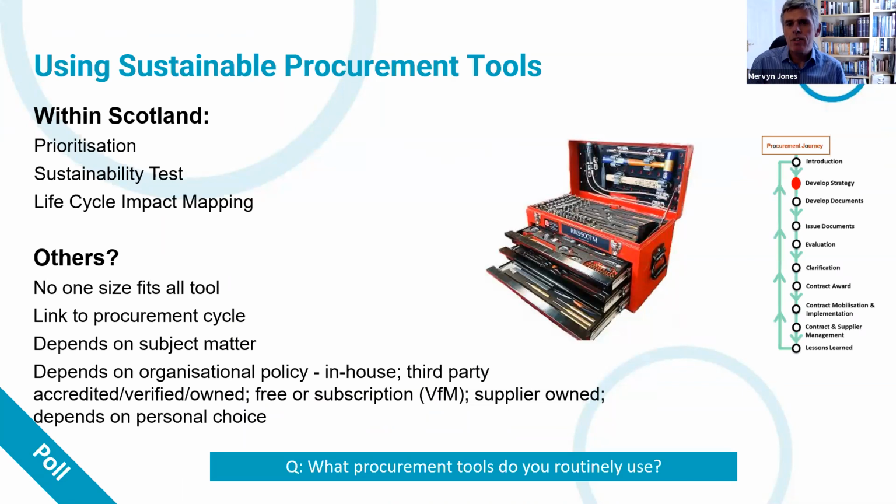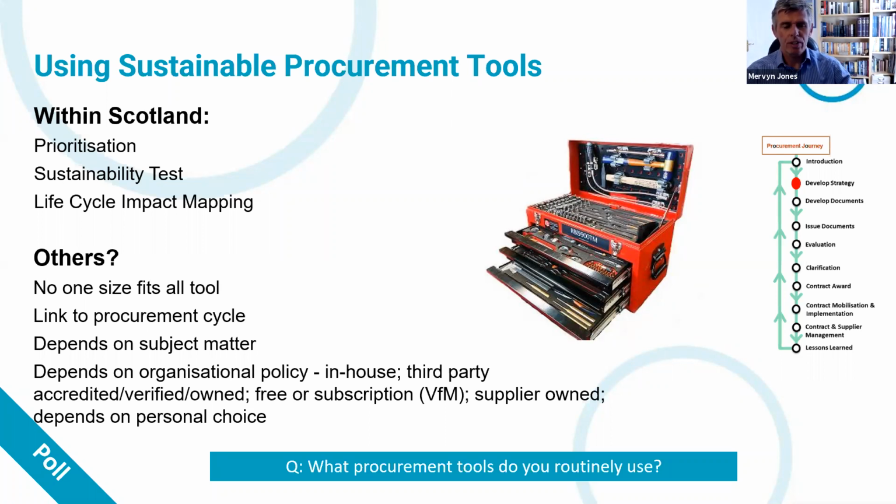So as I've mentioned, in Scotland, we have the sustainable procurement tools within the public sector, and also those which are more or less mirrored within the higher education sector. And the key tools we've picked out there are the prioritization tool. And if you're not familiar with the prioritization tool, you can have typically procurement-focused prioritization tools which look at spend in particular categories.